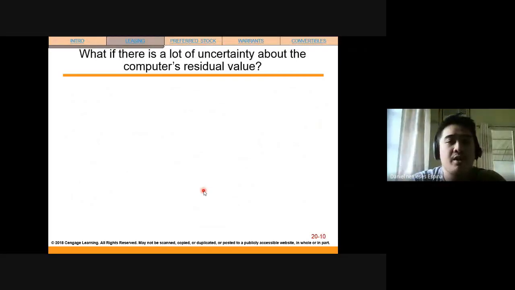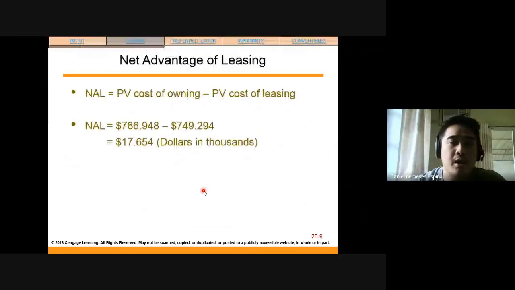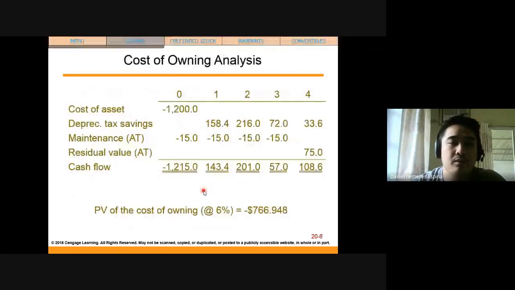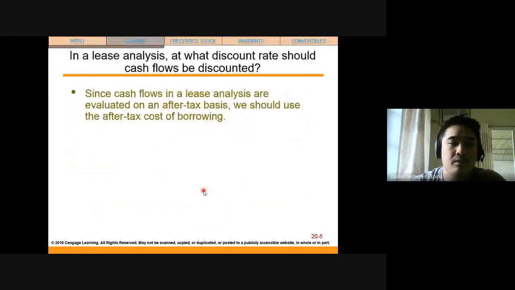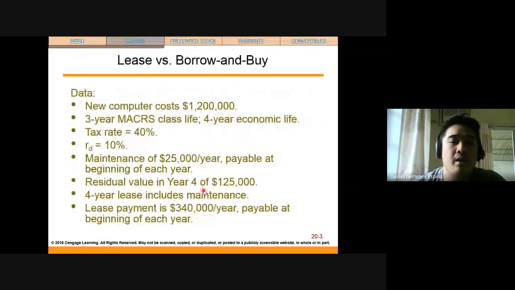So what if there's a lot of uncertainty about the computer's residual value? Going back to those data, all of these data are certain, so we can verify their cost.